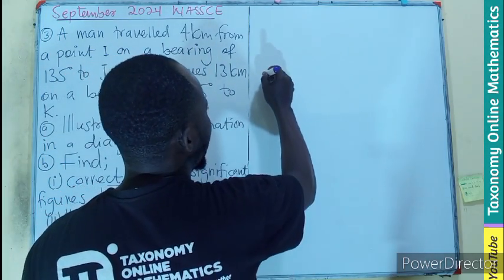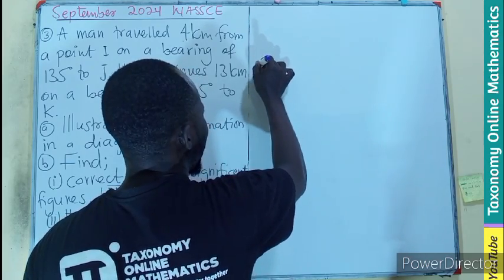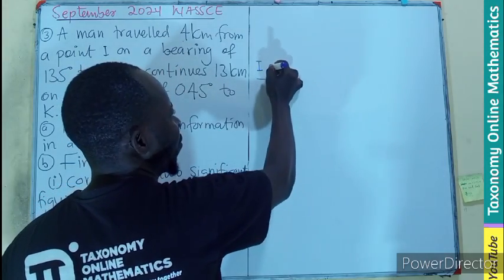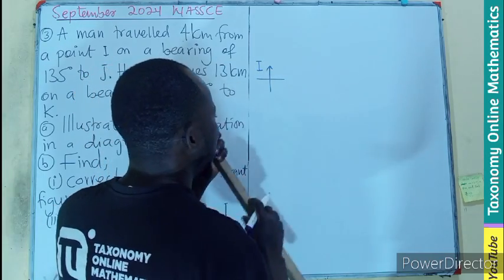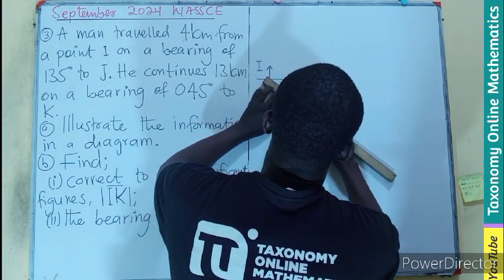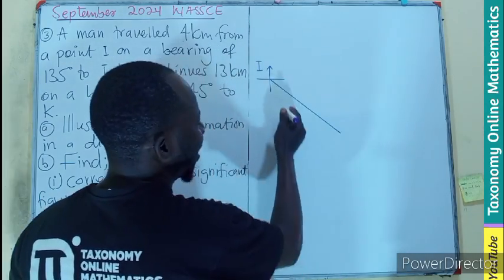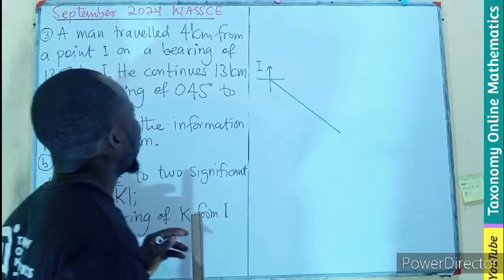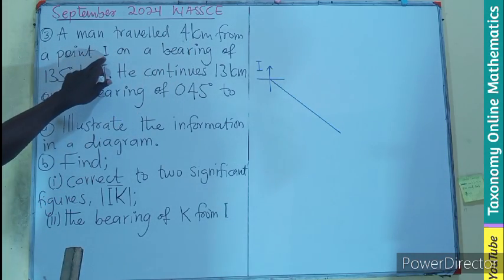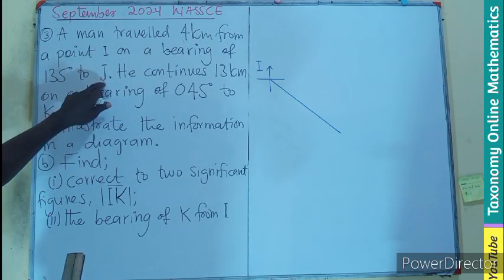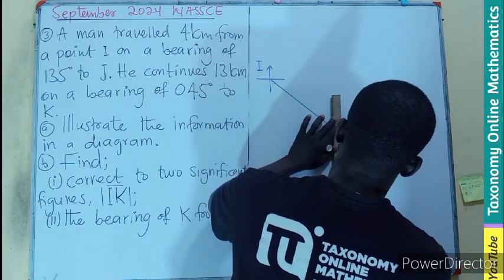Our sketch could be, let's put our I here. Then we have the north of I, 90 plus 45. So I can put this one here as the distance of 4 kilometers. He is walking a distance of 4 kilometers from I to J, meaning J is going to be here.